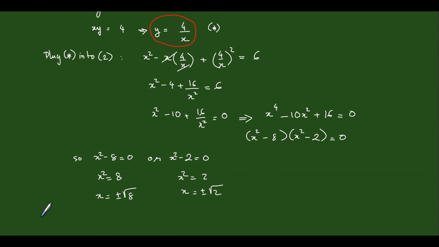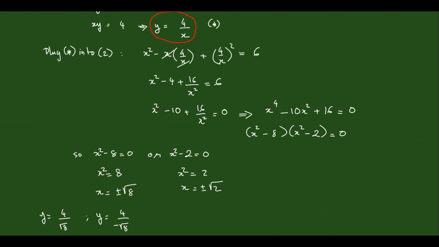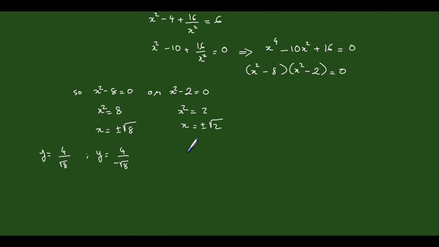So we have y equals 4 over the square root of 8, and y equals 4 over negative square root of 8. Similarly, over here I will have y equals 4 over the square root of 2 and y equals 4 over negative square root of 2.